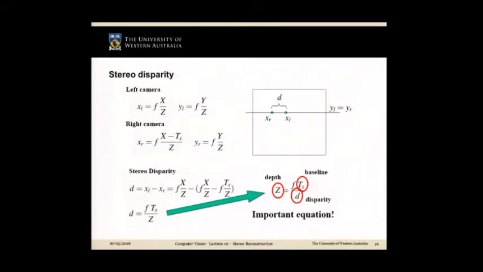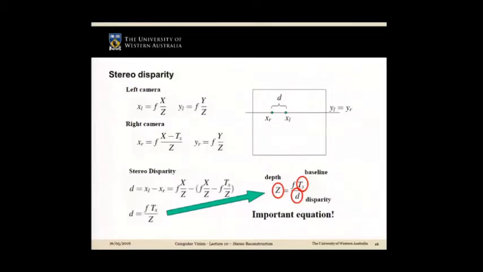What is this equation, xl minus xr? For example, you have points (2, 7) and (6, 7). So xr minus xl will be 6 minus 2, so disparity will be 4 pixels.